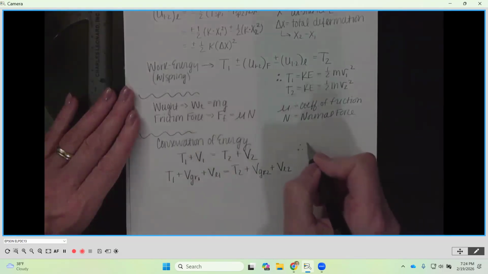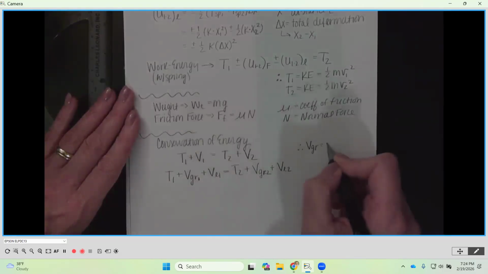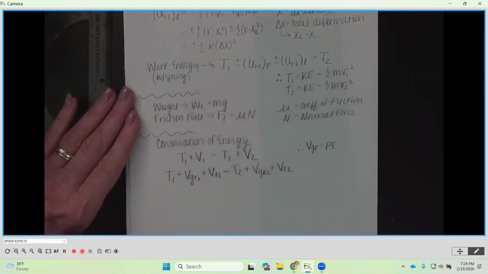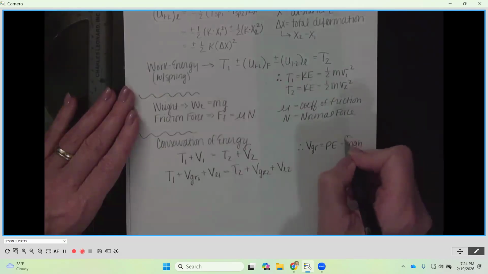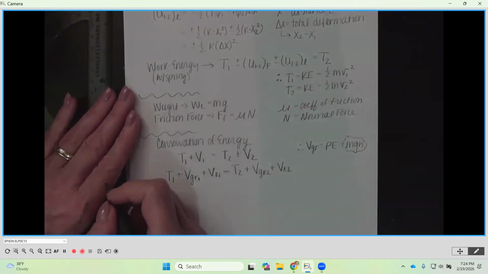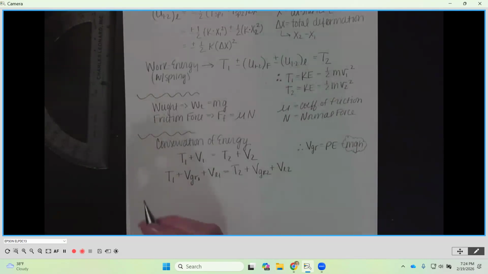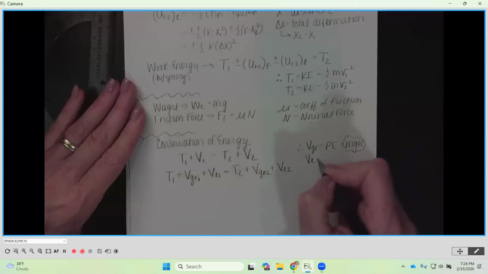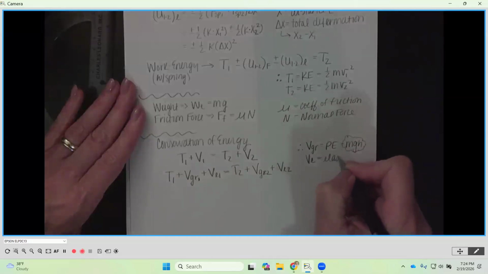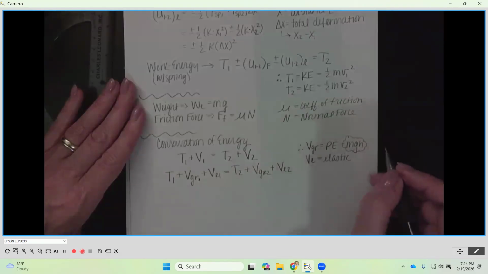Now over here, VGR is equal to potential energy. And we know that to be calculated using mgh. Now, elastic, I'm sorry, potential energy.